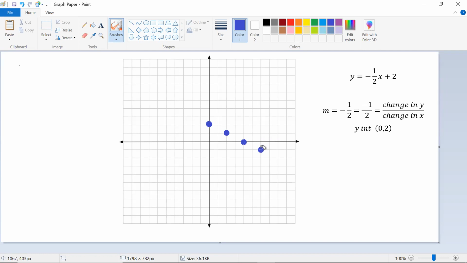And I just keep this pattern up, down 1 to the right 2. Down 1 to the right 2. And I can keep going and going as far as my grid paper will allow me. Once I have that, now you can see the pattern of the line. So we simply need to connect those dots.